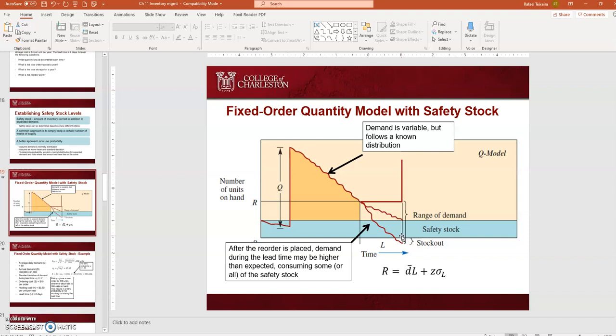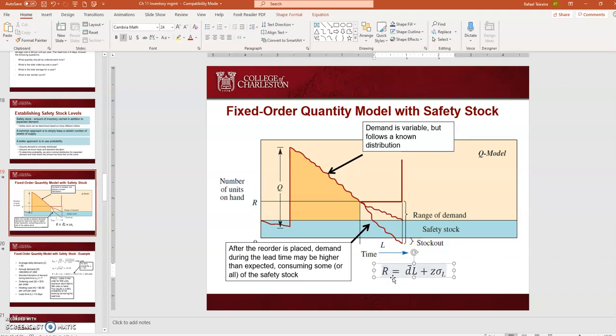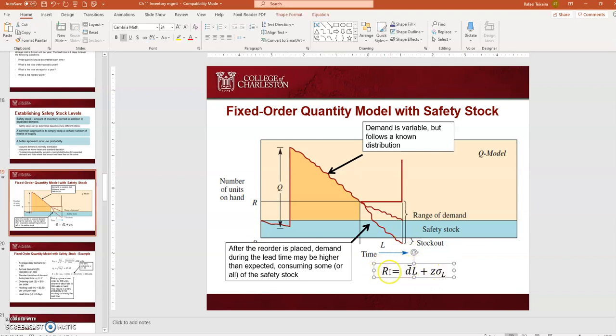Remember our class on sales order and order management? That's the same idea. So I'm going to have a safety stock that's going to protect me for a certain probability of not stocking out. Okay, and then the reorder point formula is going to be this one. So this is the reorder point formula we're going to be using with the safety stock model.